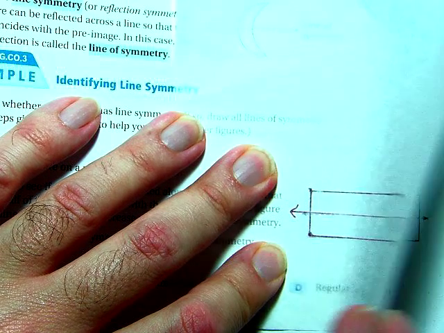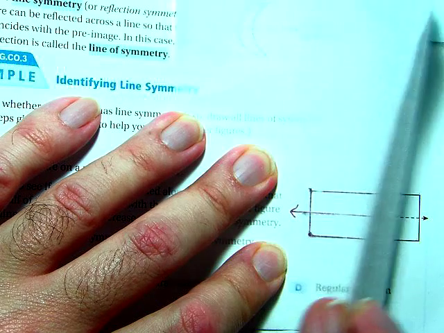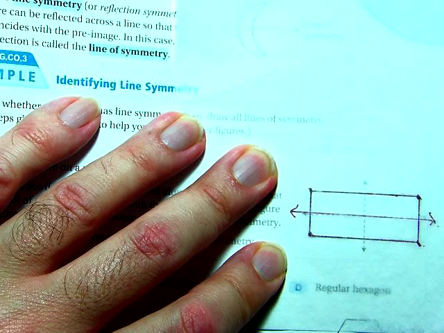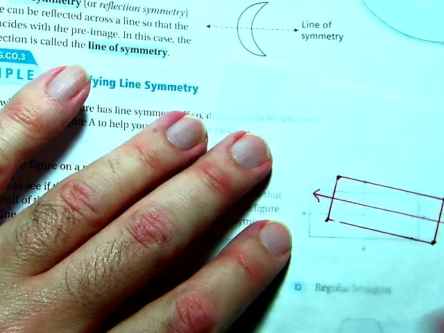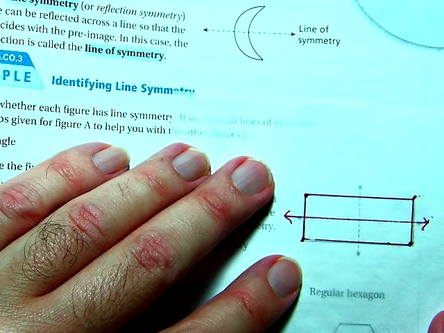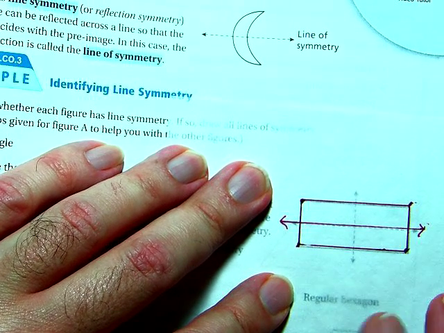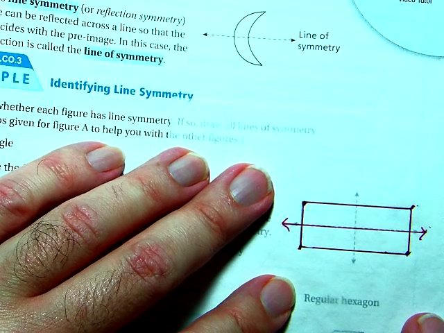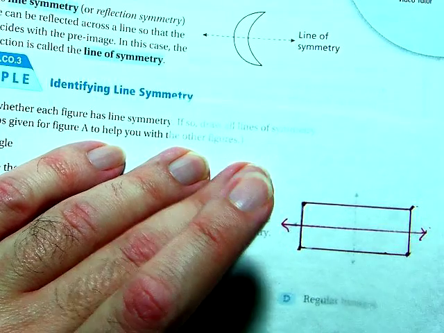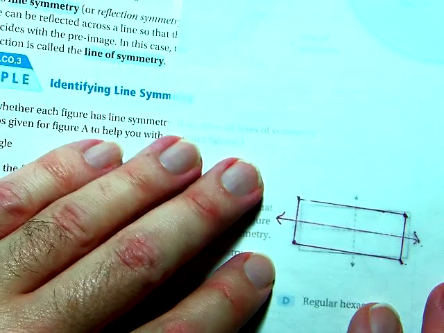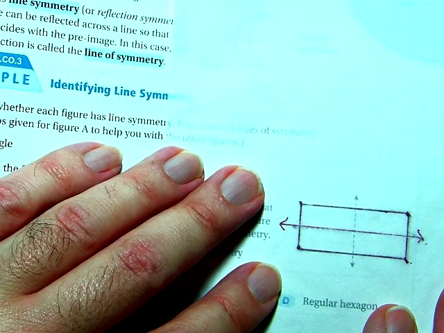You see how one image is going exactly over the other image. So this is an example of a line of symmetry of the rectangle. It is a line where when you reflect across it, you end up with the same image. The pre-image maps into itself.